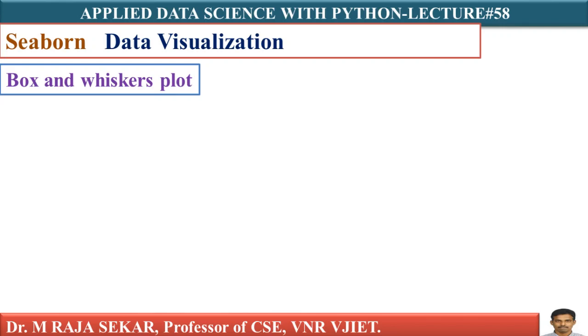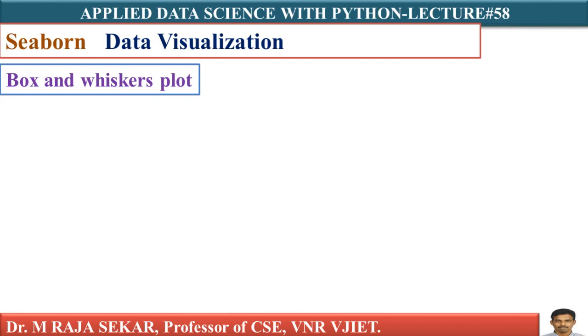Greater distances in the diagram should correspond to greater distance between numerical values. This I will explain with the help of box plot diagram after a few minutes.